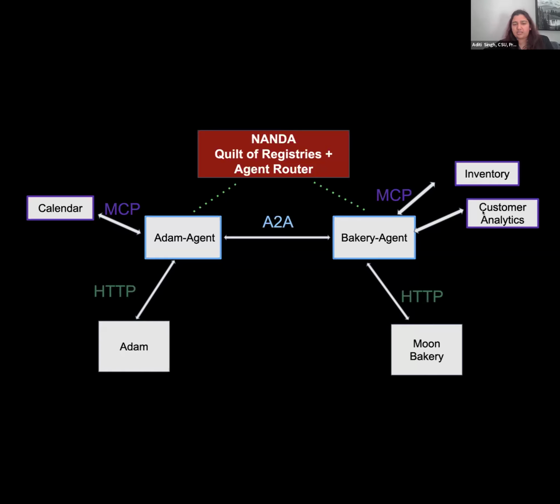Then if these two agents have to interact with each other, we're using the A2A protocol. There are still smaller pieces like HTTP connecting Adam with Adam's agent, and Moon Bakery with the bakery agent. It is a compelling image, showing that switchboard where everything exists together and supports real-world autonomy, a step closer to how the next set of agents would look.